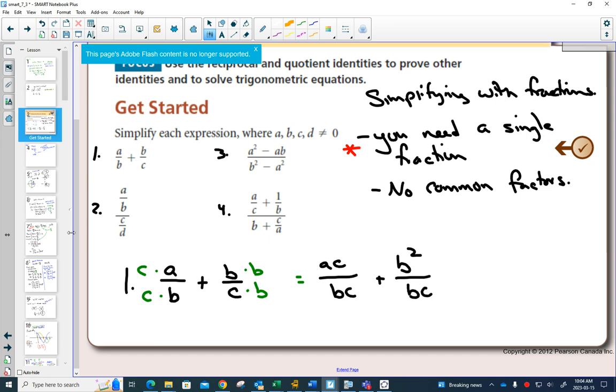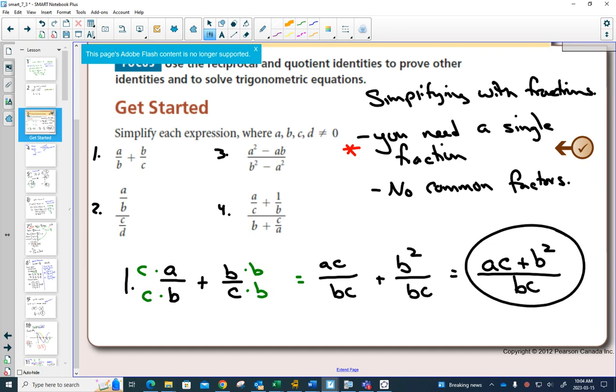And so if I multiply the top and the bottom to get my denominators the same, now, if your denominators are the same, how do you add fractions? Well, you just have to add the tops. And this is a single fraction where what we started with was 2 fractions.